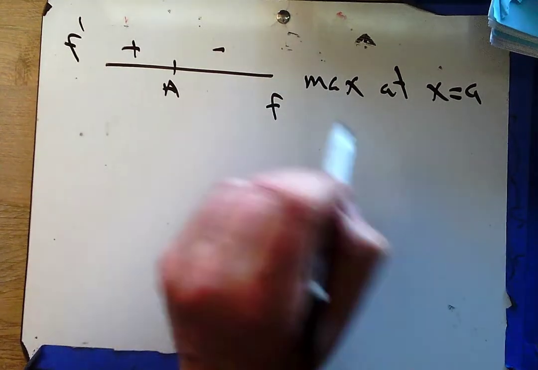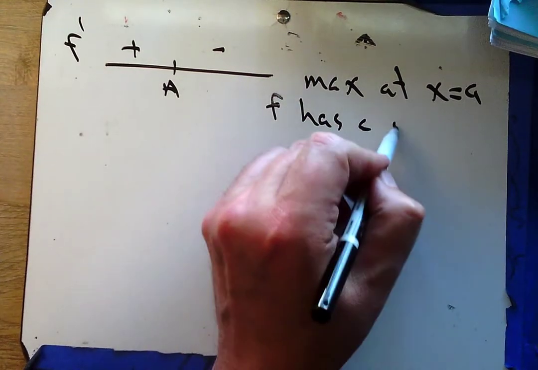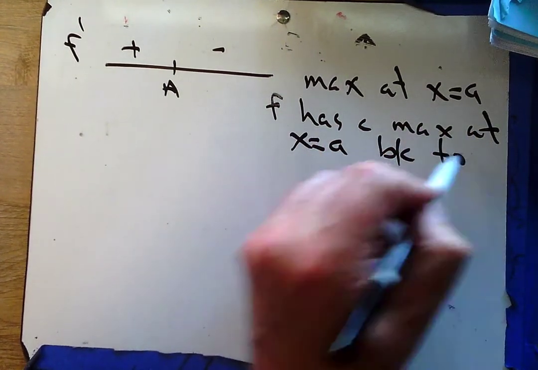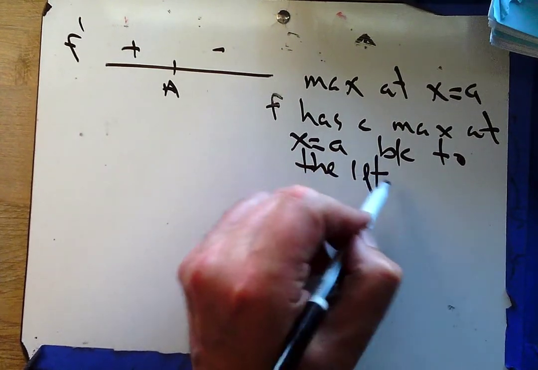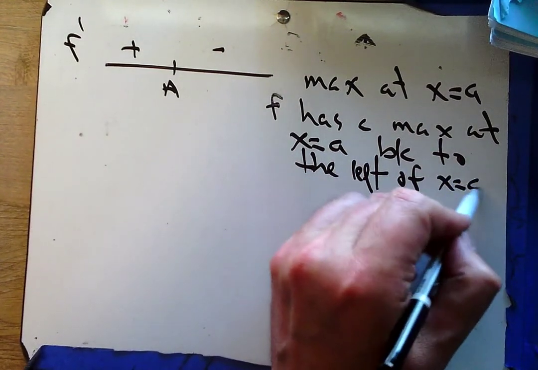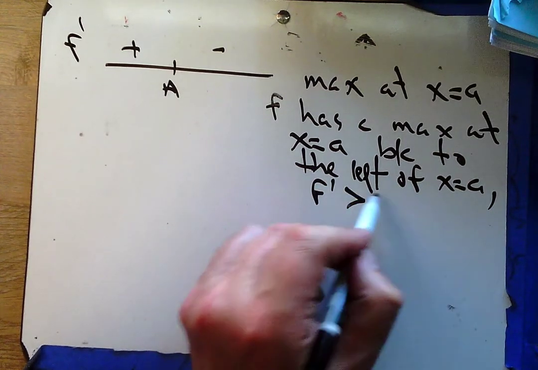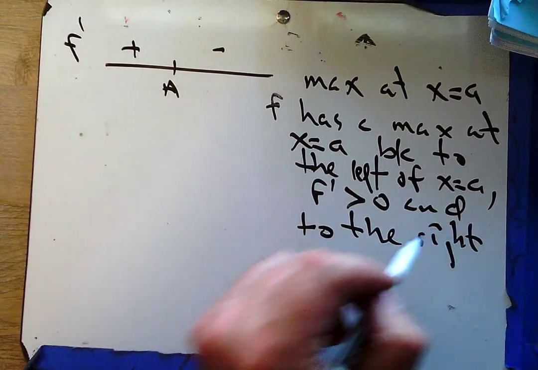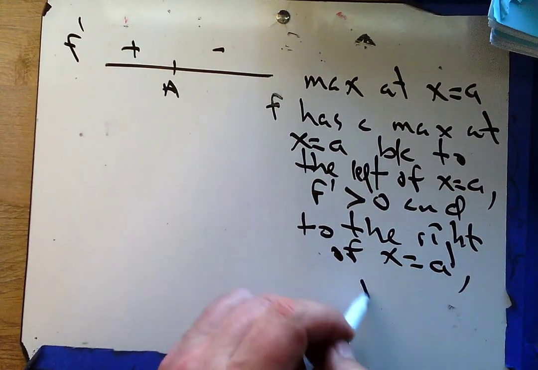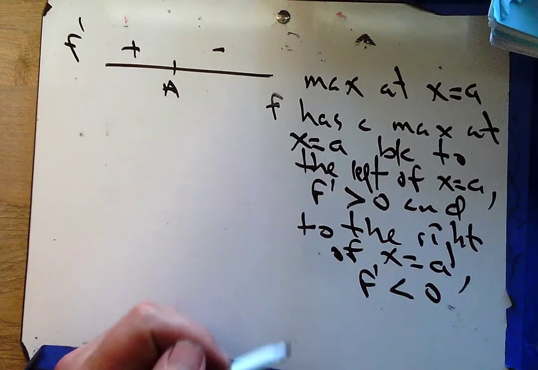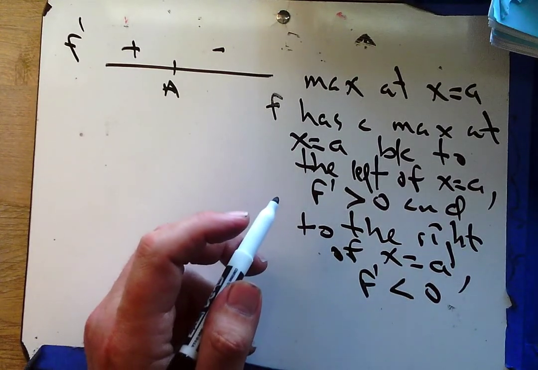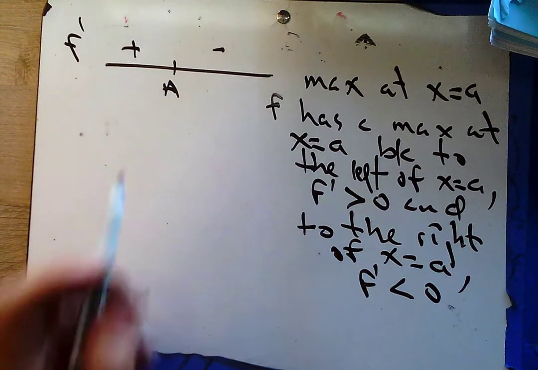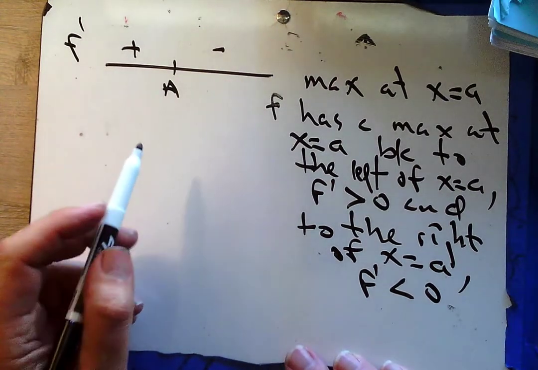Sure. f has a max at x equals a because to the left of x equals a, f prime is greater than 0, and to the right of x equals a, f prime is less than 0. Remember, for the rest of the year, anytime you have a max or a min, you write me that justification sentence. I want that to be a habit.